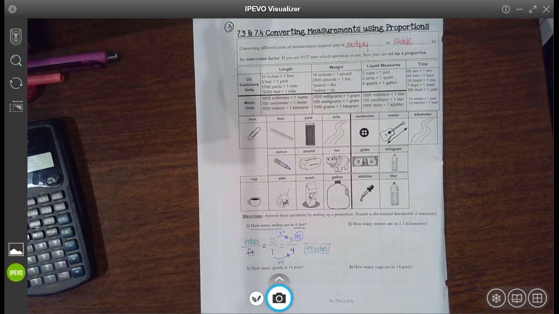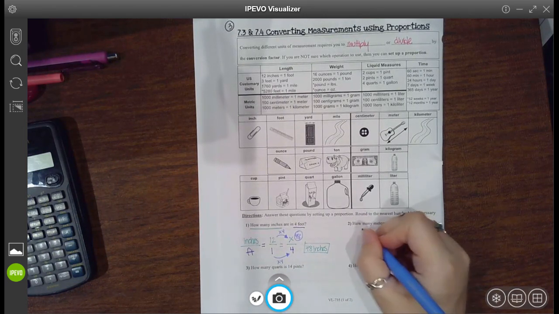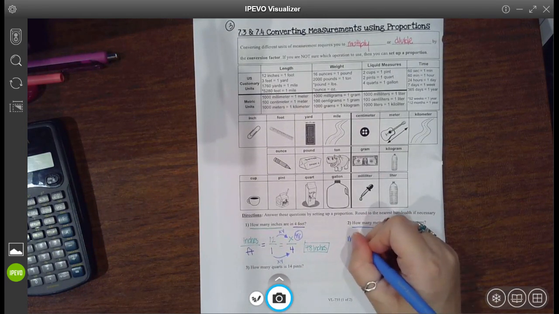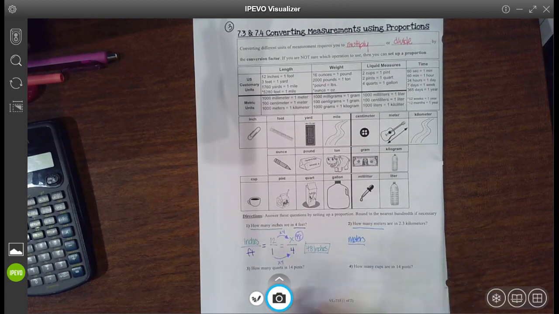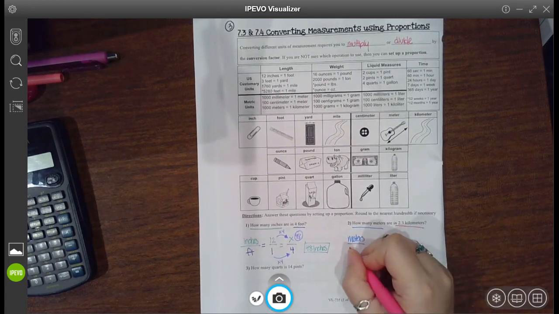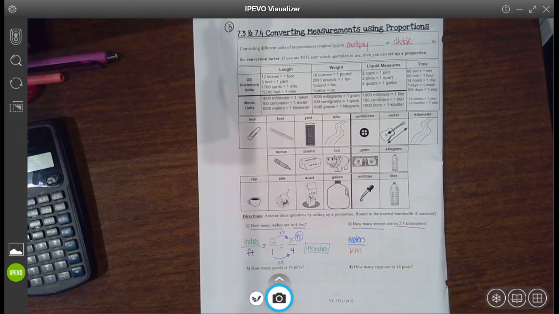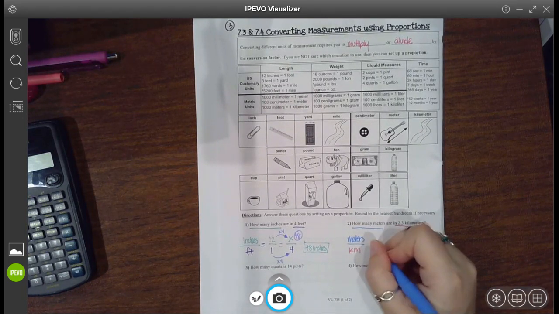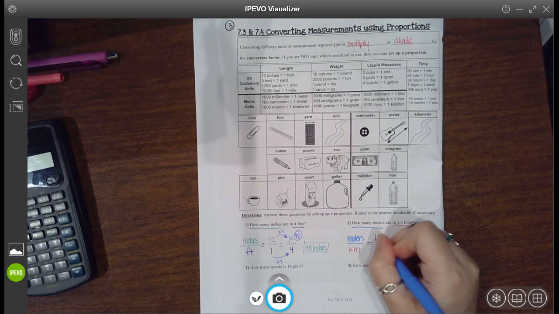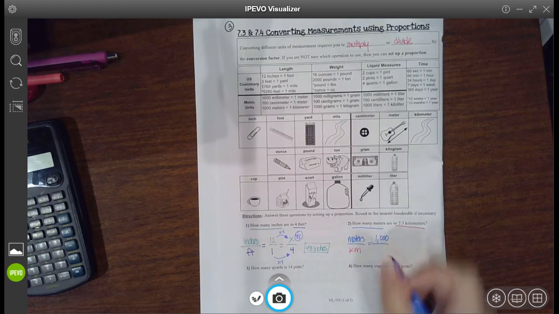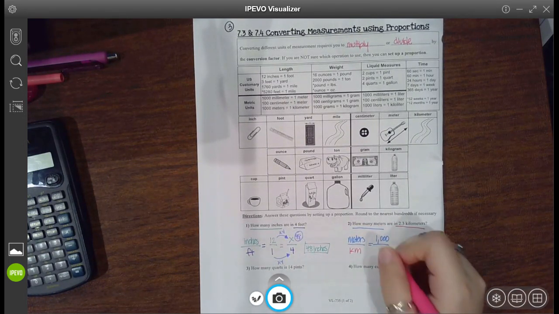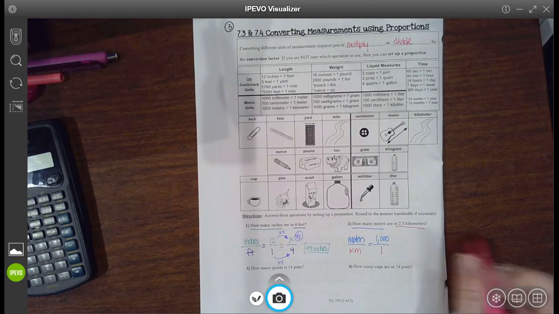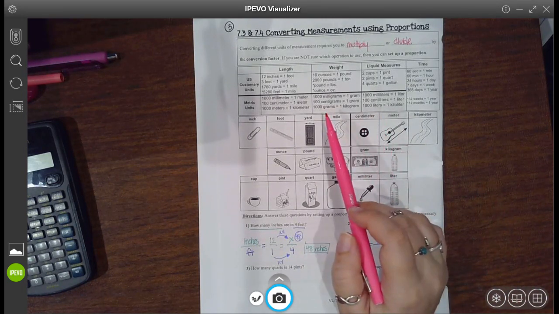Okay. This time, though, we're trying to go from meters to kilometers. This is important to note that there will always be 1,000 meters in 1 kilometer. Okay, and if you didn't know it, you could have figured that out up here.